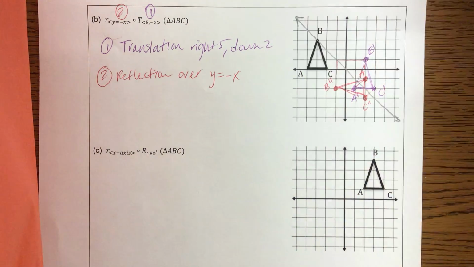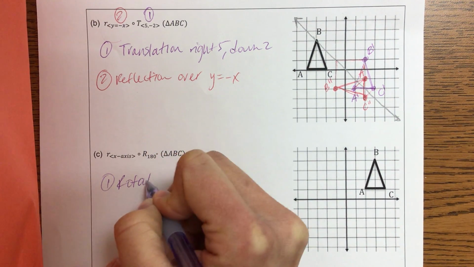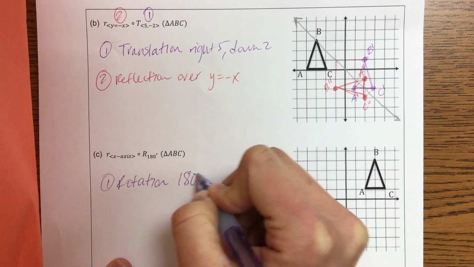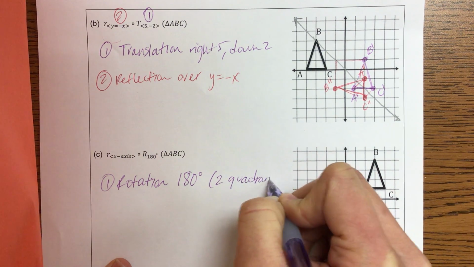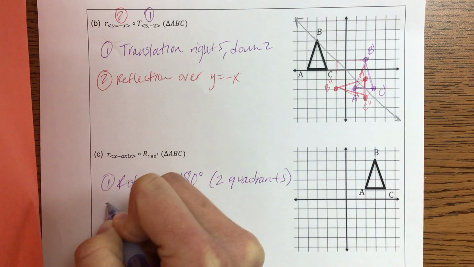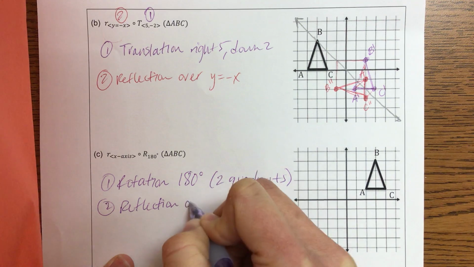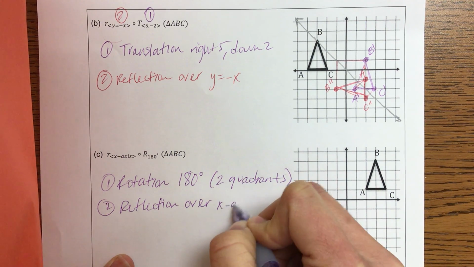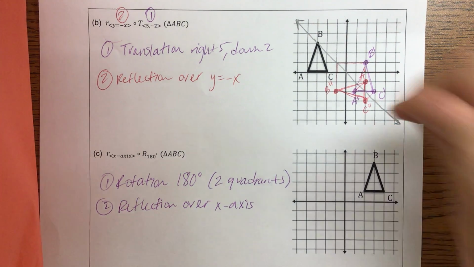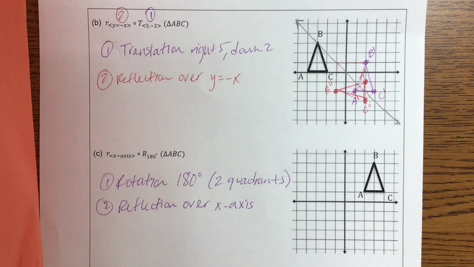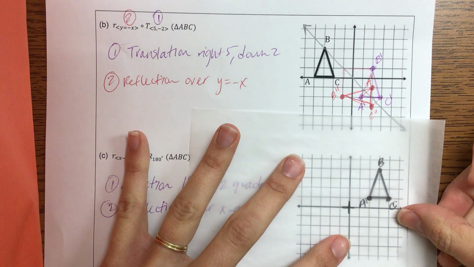Okay, last one. Do the rotation 180 first, which would be moving 2 quadrants. And the reflection over x-axis second. All right, where's my patty paper? You can use the same one from earlier. Lay it down.